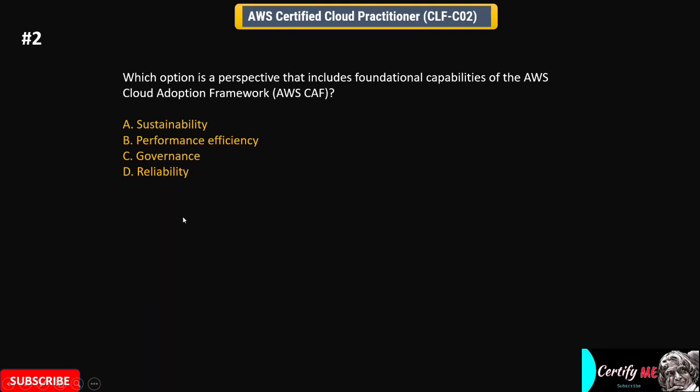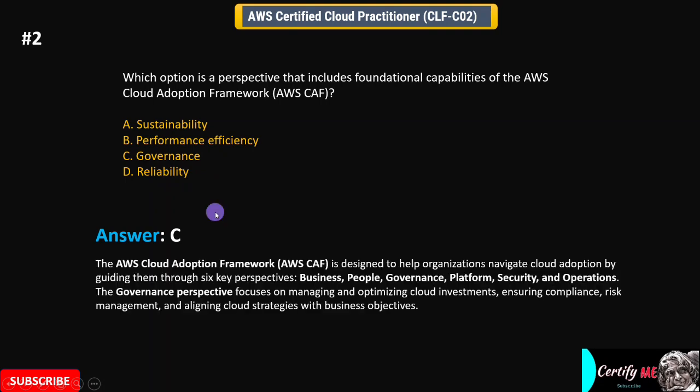The correct answer is option C, governance, because the AWS Cloud Adoption Framework is designed to help organizations navigate cloud adoption by guiding them through six key perspectives: business, people, governance, platform, security, and operations. The governance perspective focuses on managing and optimizing cloud investments, ensuring compliance, risk management, and aligning cloud strategies with business objectives. Next question.